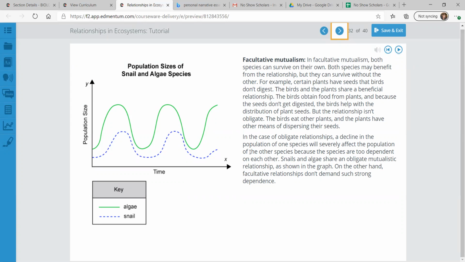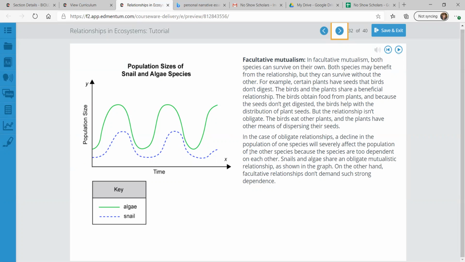The birds obtain food from plants, and because the seeds don't actually get digested, the birds help with the distribution of plant seeds. But the relationship isn't obligate. The birds eat other plants, and the plants have other means of dispersing their seeds. So it's like an open relationship, almost. They're not exclusive, and they can live on their own perfectly fine.